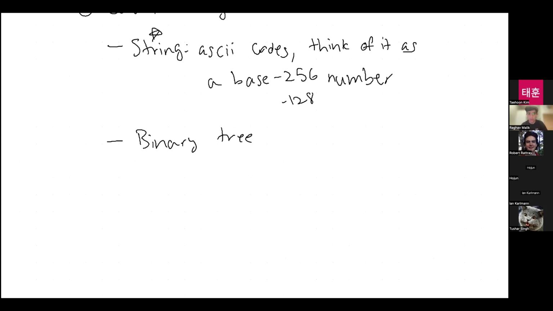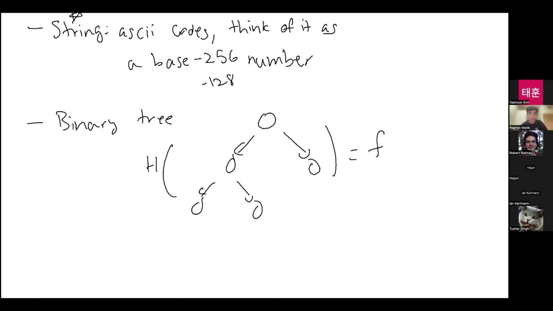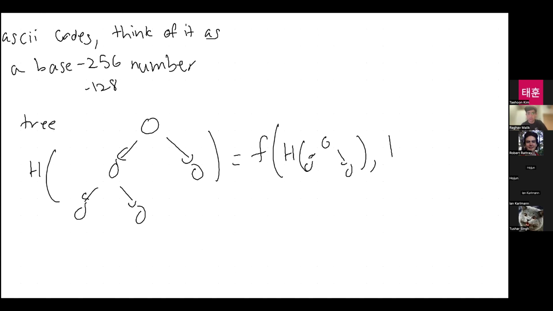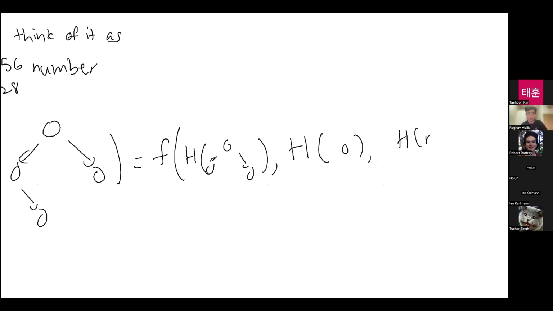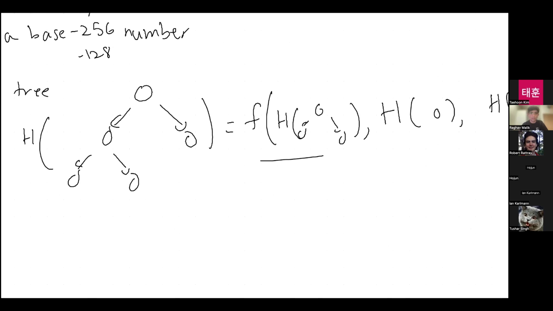So if I've got a tree, I can recursively say the hash of this tree is some function applied to the hash of the left subtree, the hash of the right subtree, and the hash of the root value.